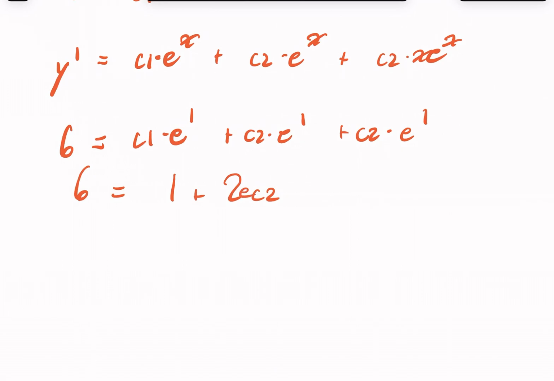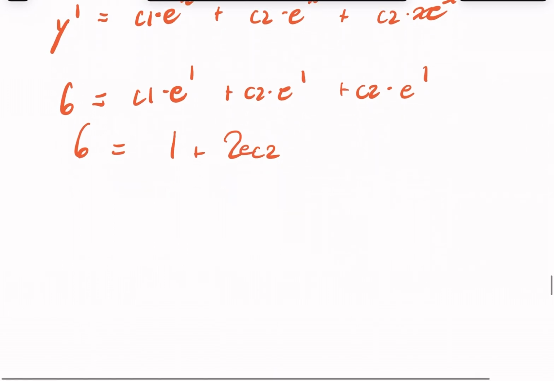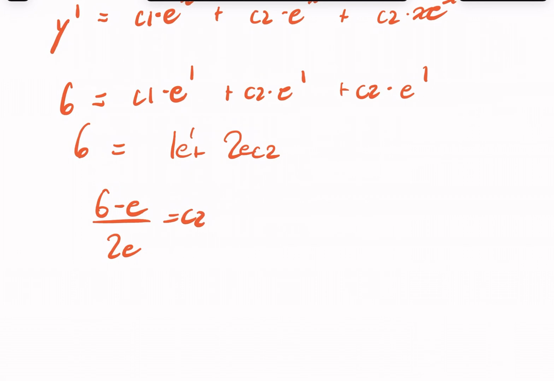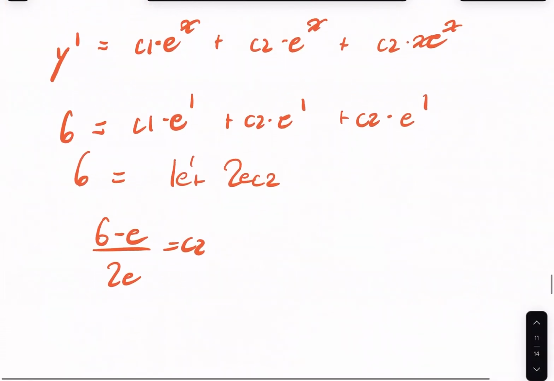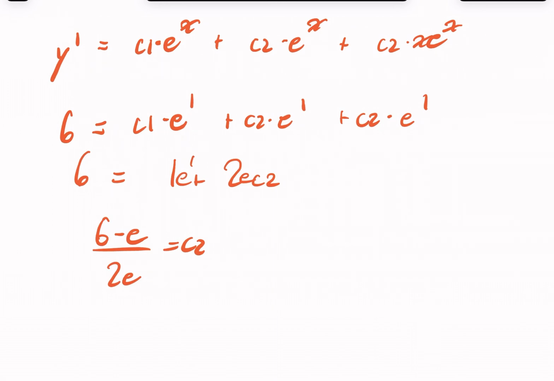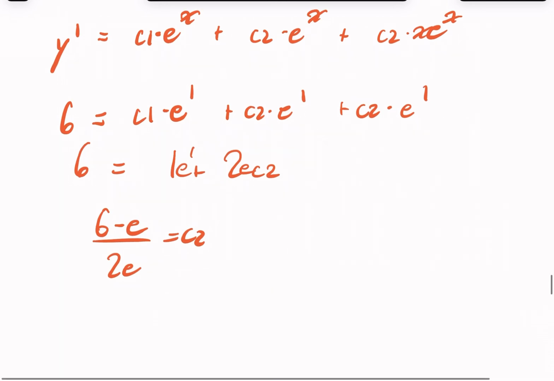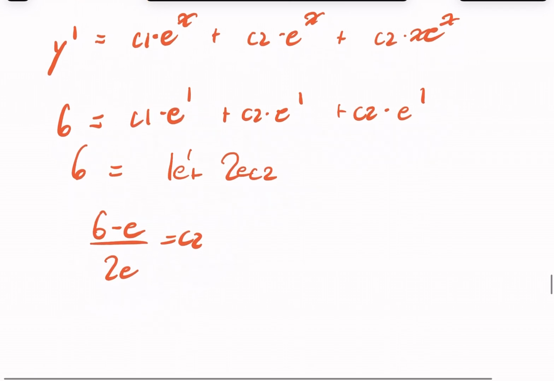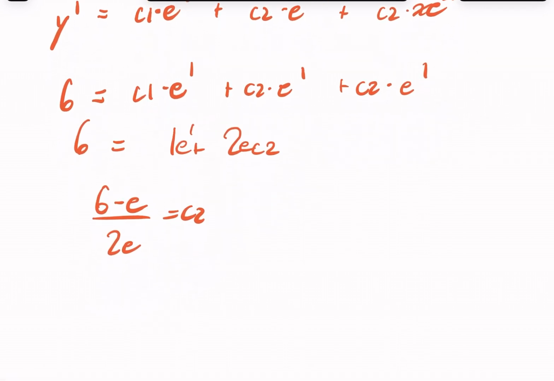So 2e c2. So I get, oh no, this is times e to the 1. So then I get 6 minus e over 2e equals c2. Okay. That was my first submission, I think. Yeah, that was my first submission. And that is definitely not correct. Because I know it's not correct. I checked it, that's why.